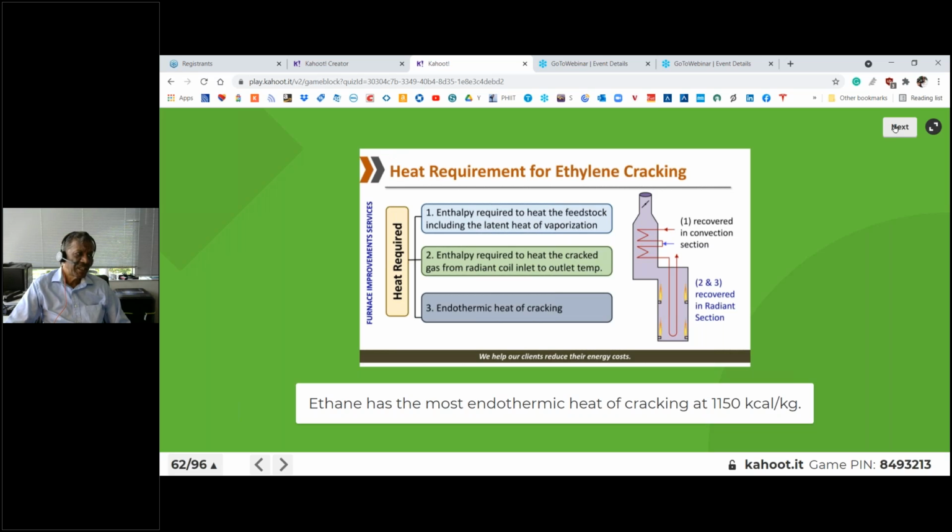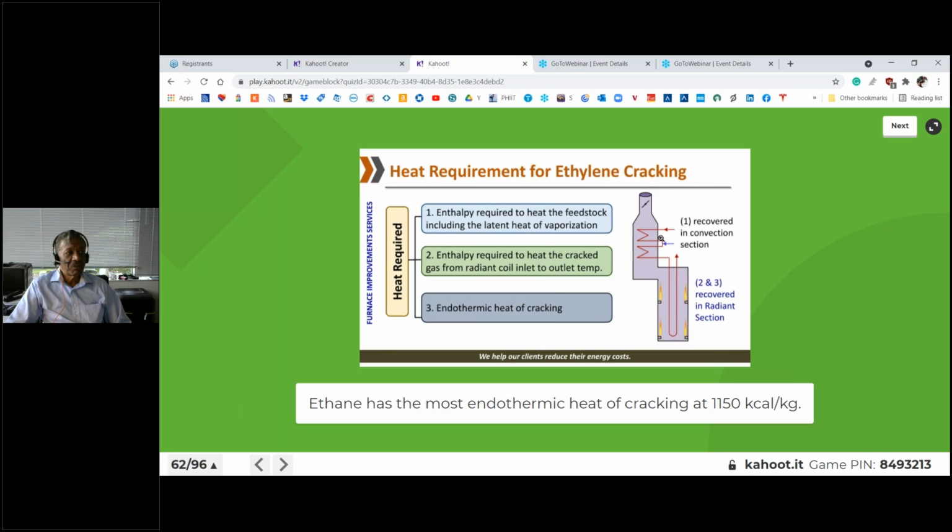So let's look at the heat requirement. Basically the heat requirement can be split into three portions. The first is that you want to heat the feedstock up to the reaction temperature, and you're doing it partially in the convection section and partially in the radiant section.